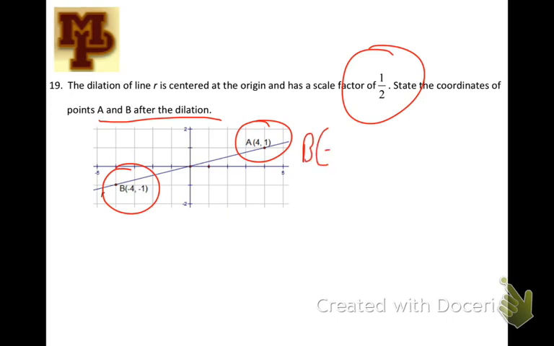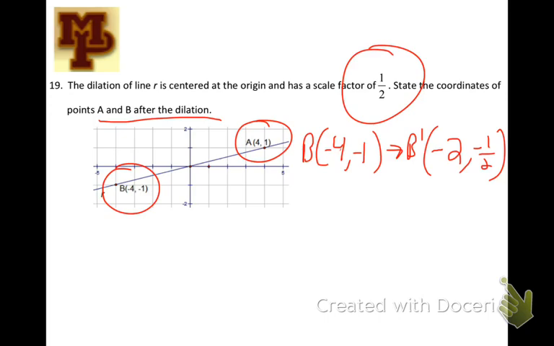Right now B is (-4, -1), and if we want to figure out the new coordinates, that would be B prime, and we just multiply them by 1/2. So if we multiply the -4 by 1/2, what would that be? So -2, and then if you multiply the -1 by 1/2, that would be -1/2. So those are your new coordinates.